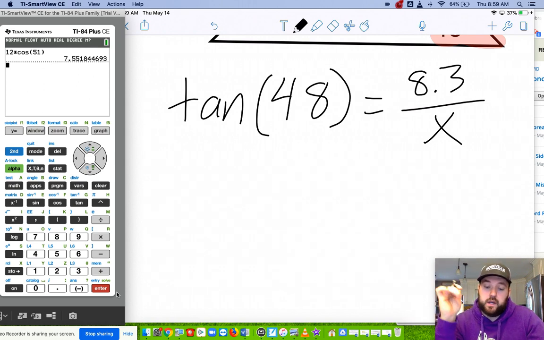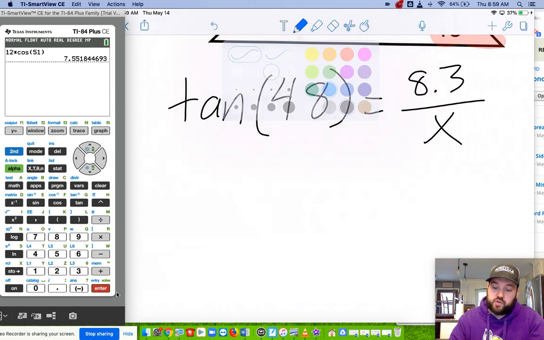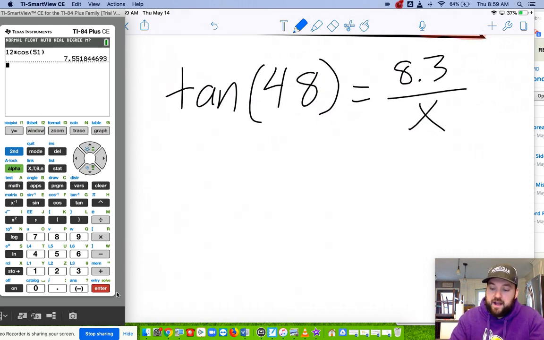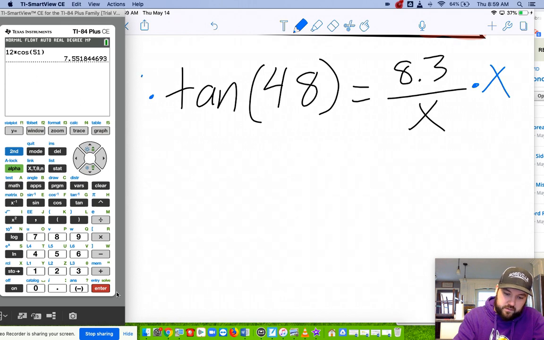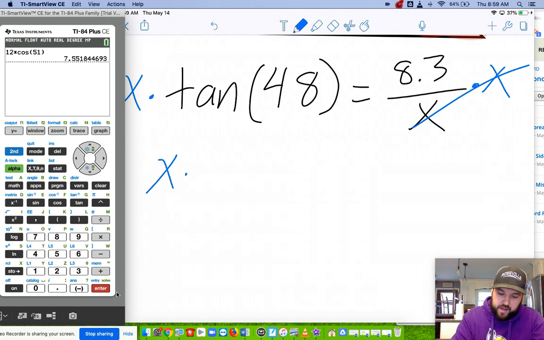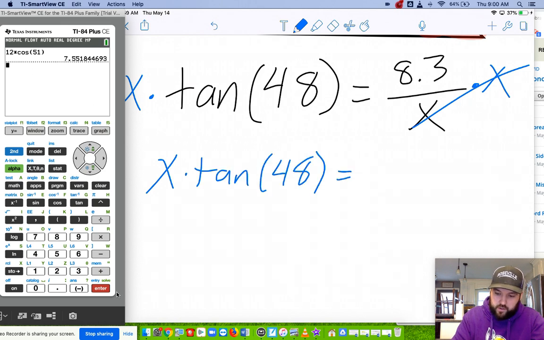There's a couple ways to do this, and some shortcuts, but if I want to get rid of a denominator, even if it's the variable that I care about, just like in the last problem where I multiplied both sides by 12, here I'm going to multiply both sides by x. That'll get rid of the x over there, and now I no longer have a fraction. I just have an equation that's all in one line, which is great.